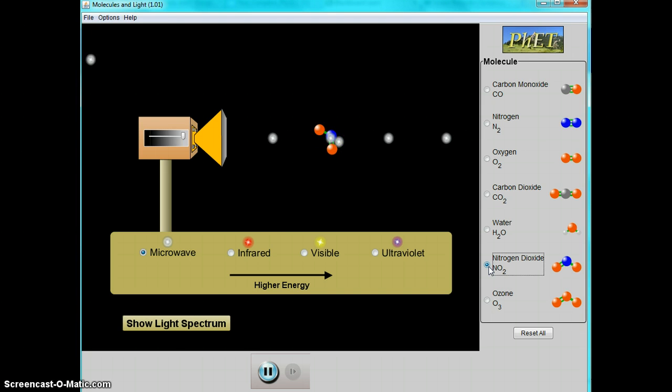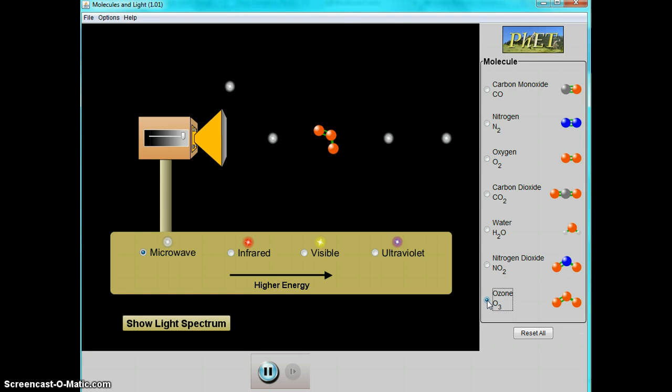Similarly, this molecule is affected the same way. And O3 is affected the same way. And an application of this is the sun creates all forms of light from radio waves to gamma rays.